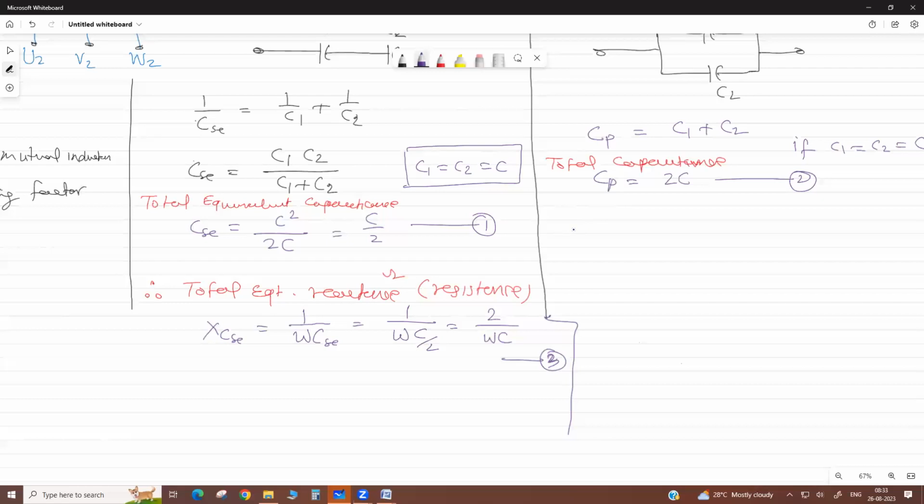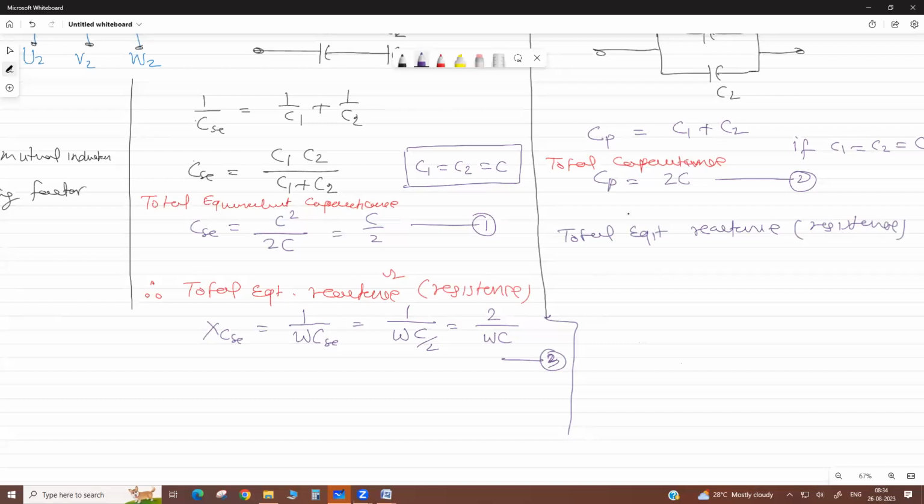And here we calculate the total equivalent reactance.